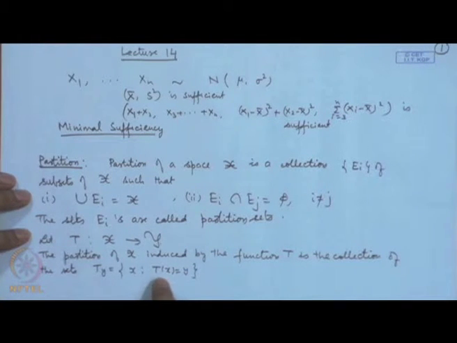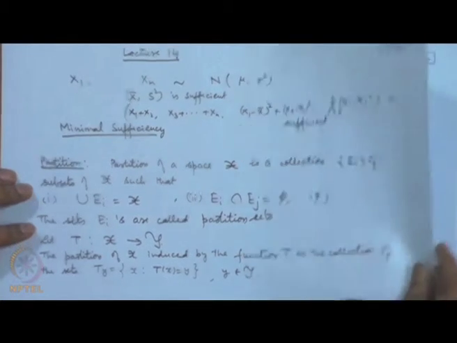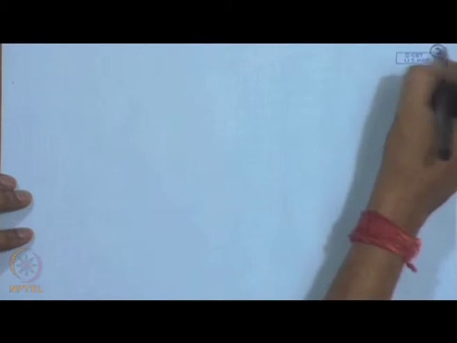That means, corresponding to distinct values of y, look at the inverse image set, and each of these sets forms a partition.